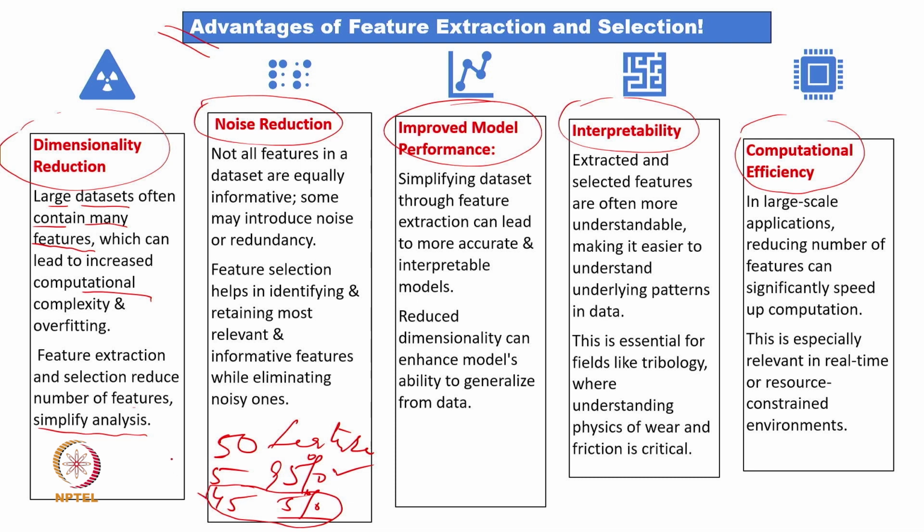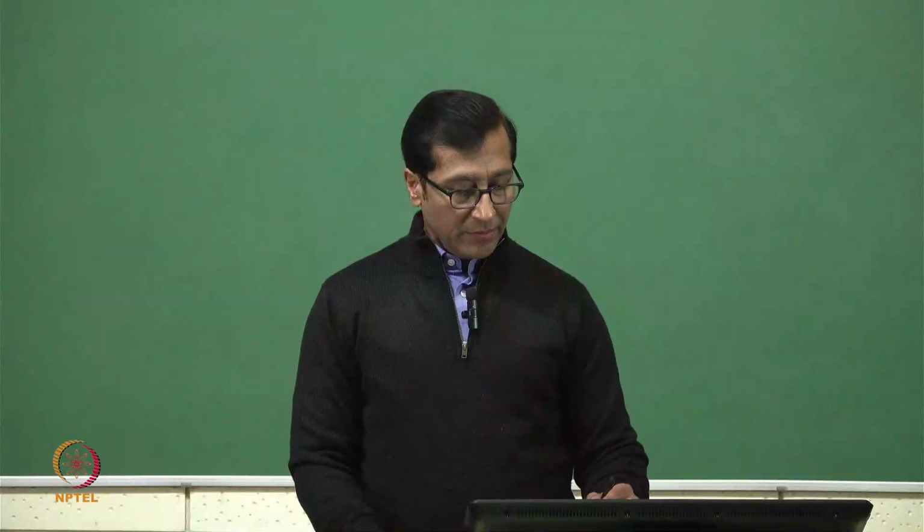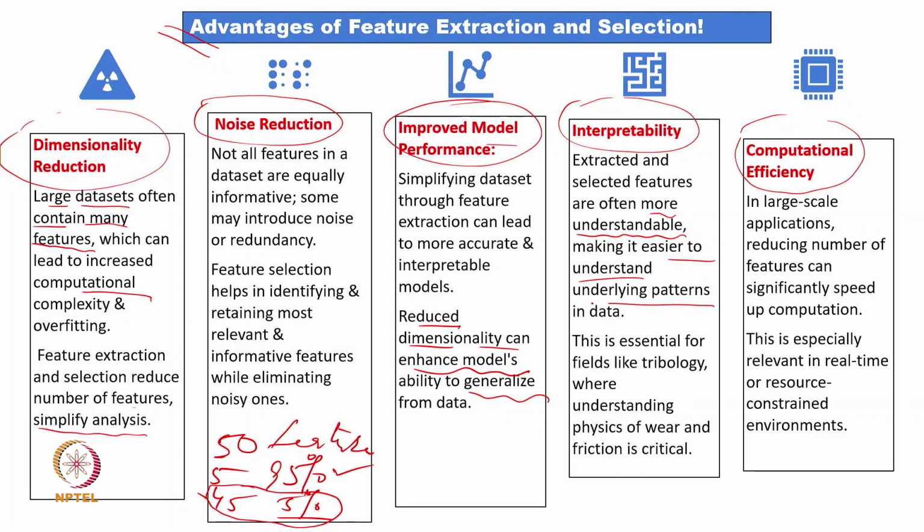It says it improves the model performance, reason being that we are able to reduce the dimension and overall simplify the model, and if there is a simplification of the model, understanding will be better. It can be said that the model gets generalized, which can be utilized in a proper way. Otherwise, we are able to understand these models in a better manner, making it easier to understand and think about what patterns are really followed in the data.